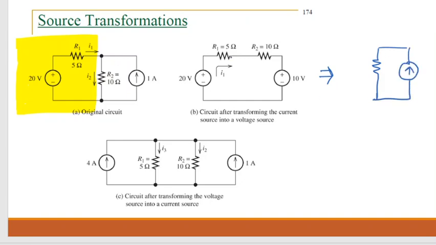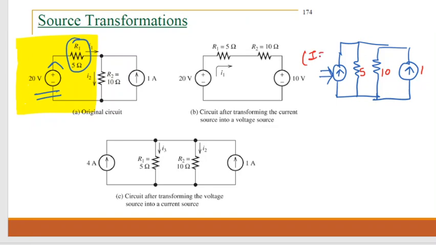It will be a current source, in the upward direction, right? Positive to negative, and the resistance which is in series must be connected in parallel, same value 5, 10, 1. Now can you tell me what would be the value of I for the current source?